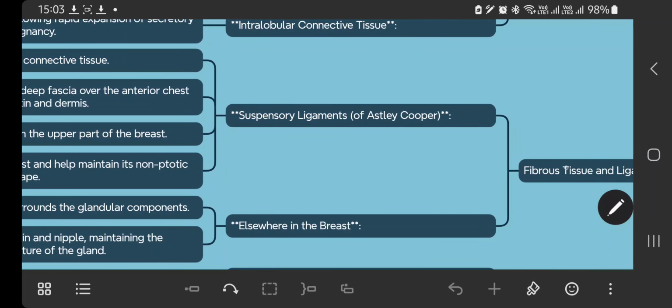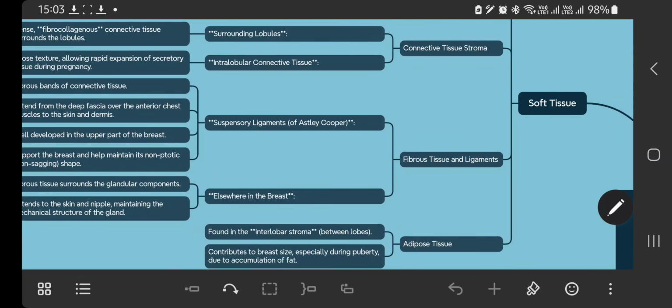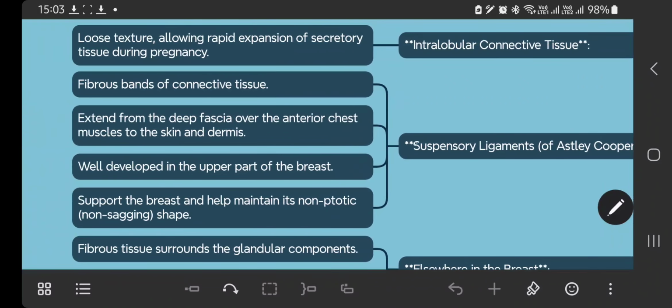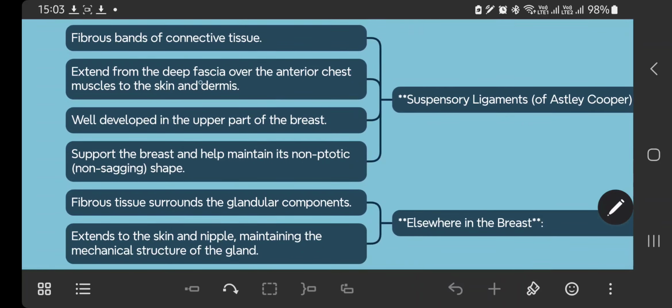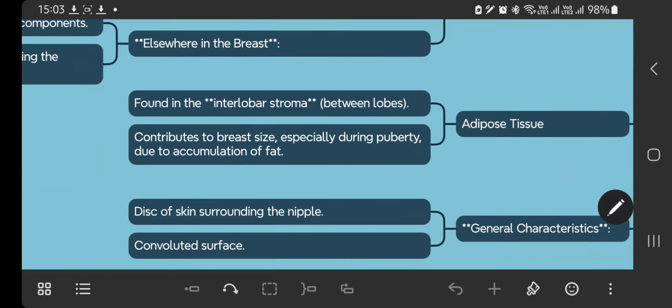So, regarding fibrous tissue and ligaments in the breast, there are the suspensory ligaments of Astley Cooper: fibrous bands extending from the deep fascia over the anterior chest muscles to the skin and dermis, well developed in the upper part. What about the other fibrous tissue? It surrounds the glandular components and maintains the mechanical structure of the gland.